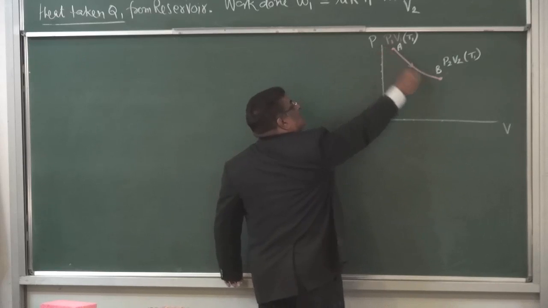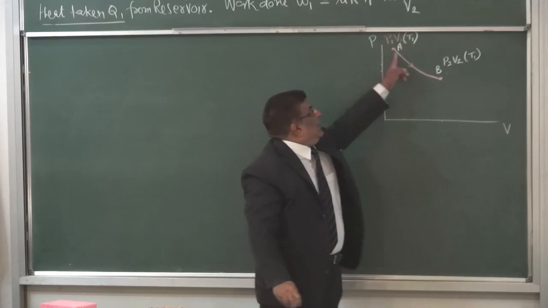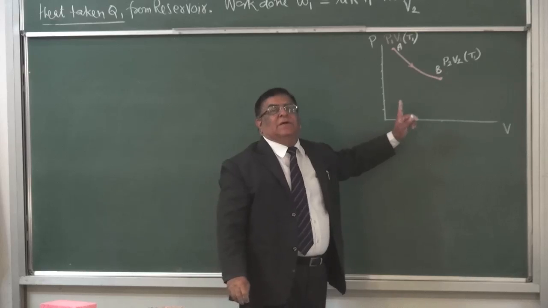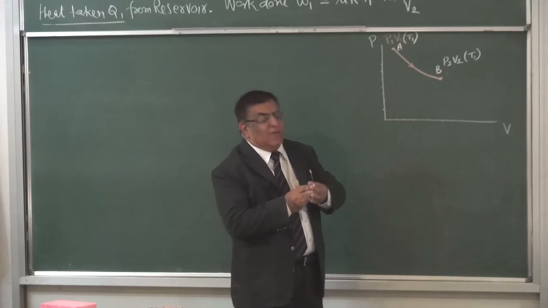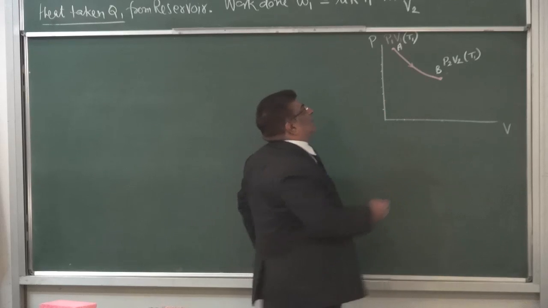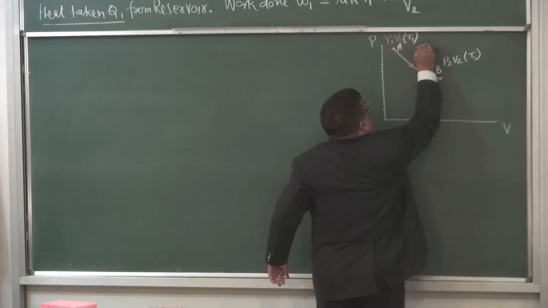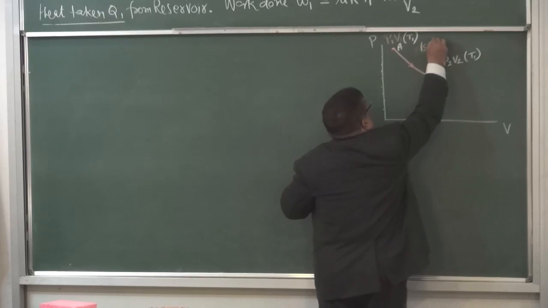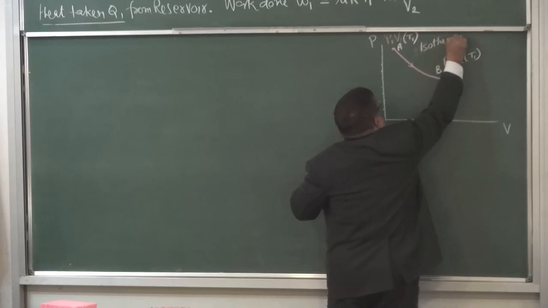This arrow indicates that it is an expansion, and the name of this process is isothermal expansion. You can write it here, it will be a bit crowded, but we can always write isothermal expansion.